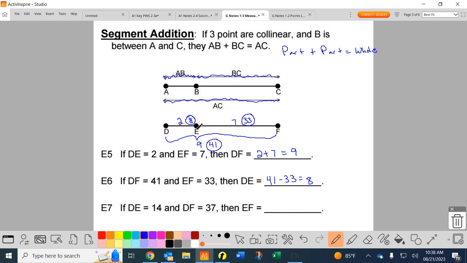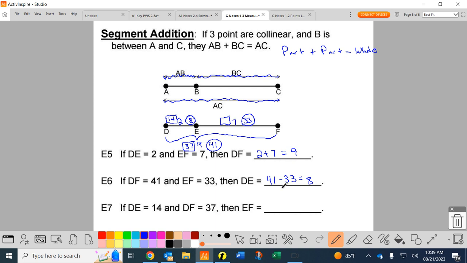Now, since you have a third problem on the same picture, I would now box in the next ones. For this next one, we've got DE right here is 14. Put a box around it. We've got DF, that's the whole thing all the way across the bottom. That's going to be 37. So what can I do to find that EF, that other part of that piece? Subtract.